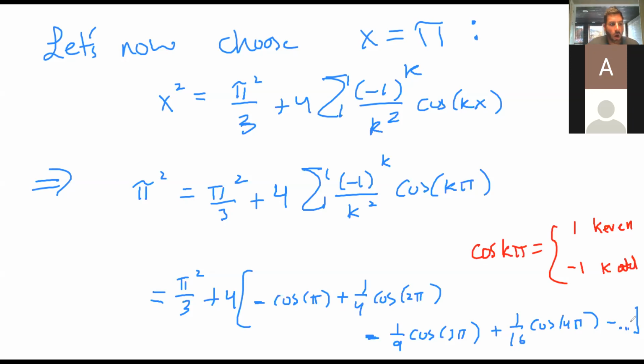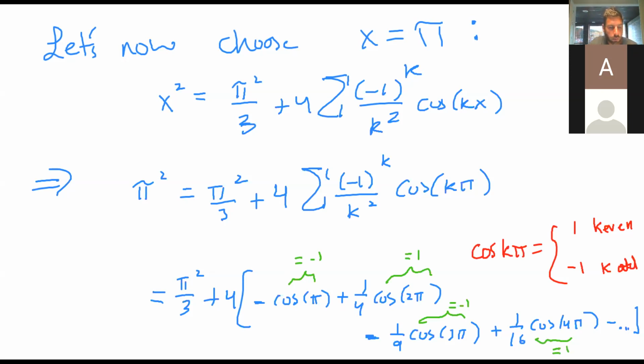All the odd terms, the pi, the 3 pi, the 5 pi, are negative to begin with, and so when you evaluate them, they become -1. Let me point that out again: this piece is -1, this guy is 1, this piece is -1, this guy is 1.